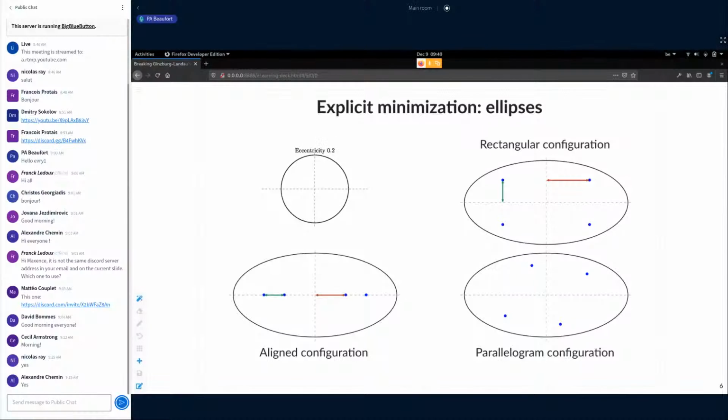And each time, for each kind of configuration, I compute the best occurrence, the one that minimizes my energy, and I compare it with the other configurations and check how it behaves depending on the eccentricity of the ellipse.